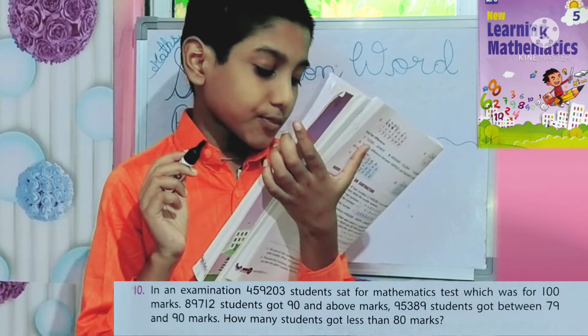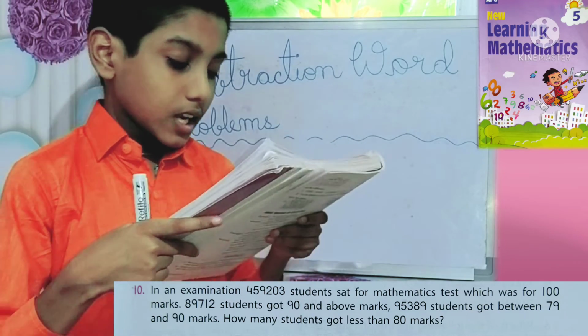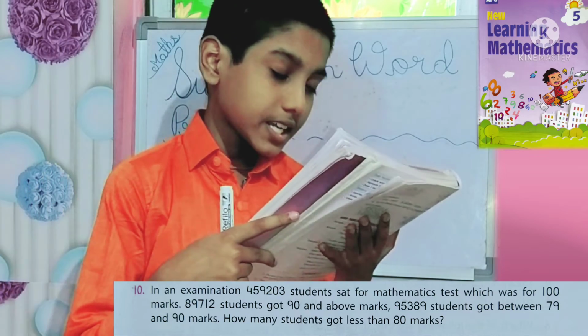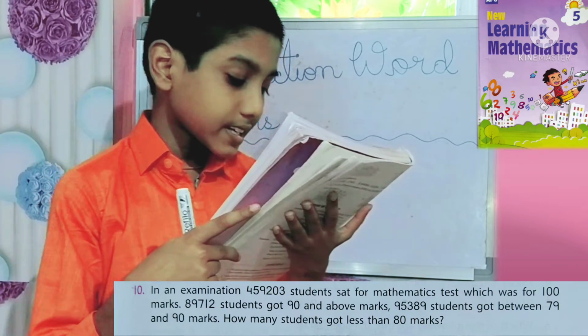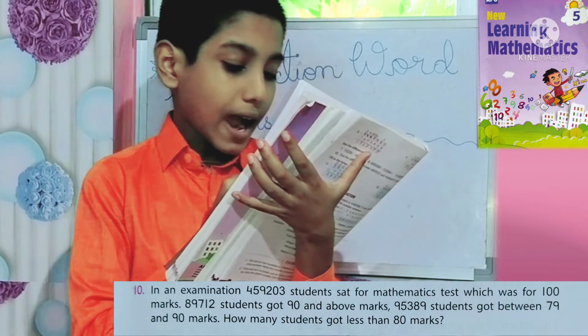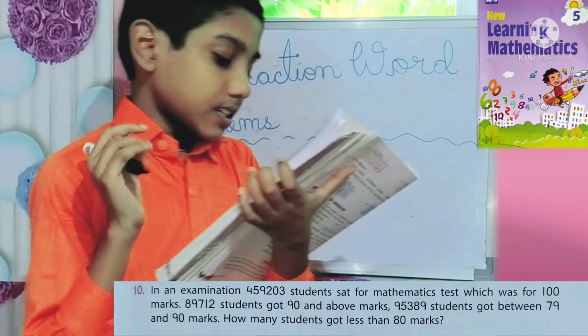Number of students who got between 79 and 90 marks equal to 95389. Total number of students who got 90 and above marks and between 79 and 90 marks equal to 89712 plus 95389. First we have to add these two numbers of students.